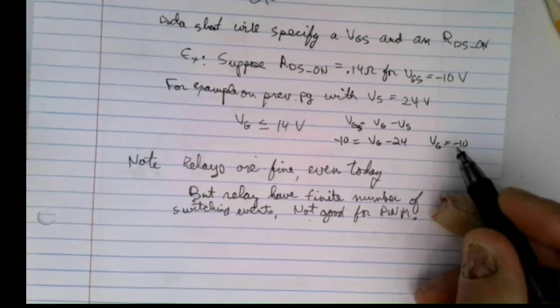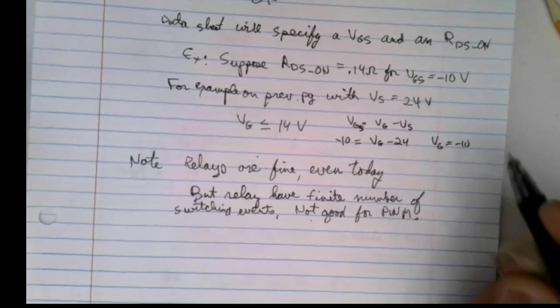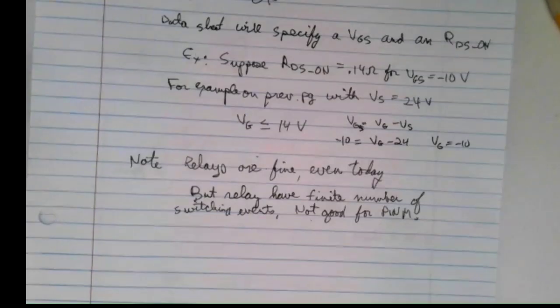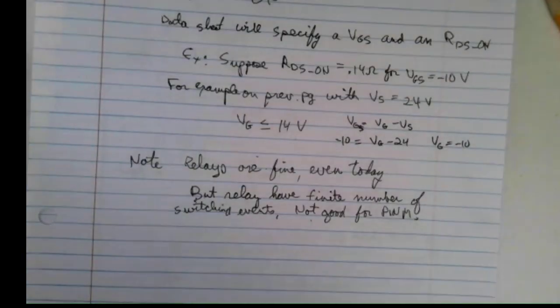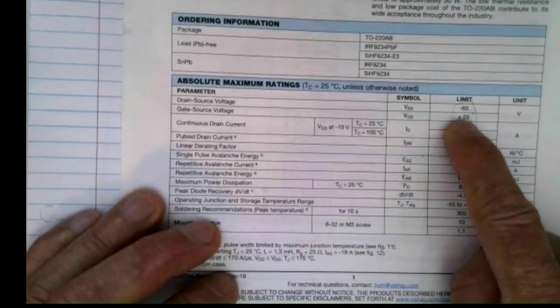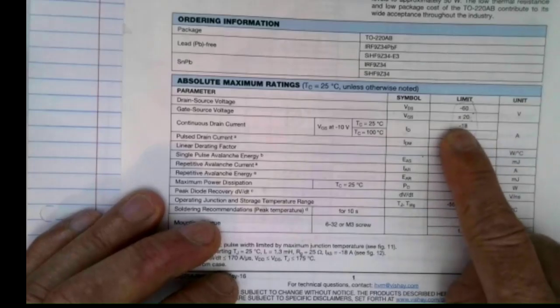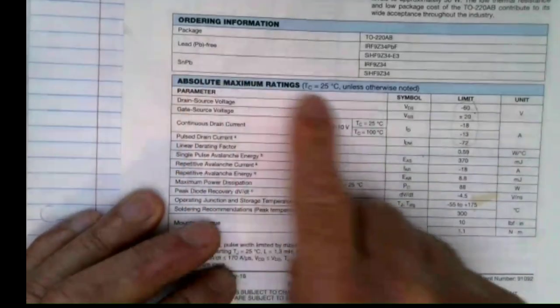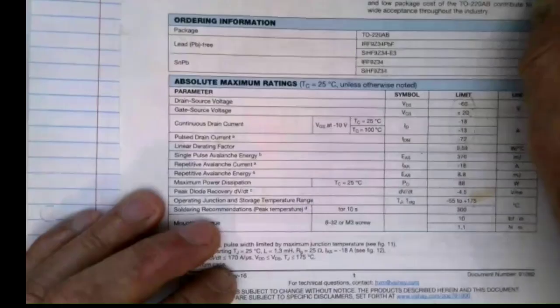You can be at minus 11, minus 12, that's fine. It doesn't do you any good probably, but it doesn't hurt anything if your gate voltage is lower than 14 volts, with the exception of this very fine spec right here, which would be your VGS max, plus or minus 20 volts. These are absolute maximum ratings, do not violate these.